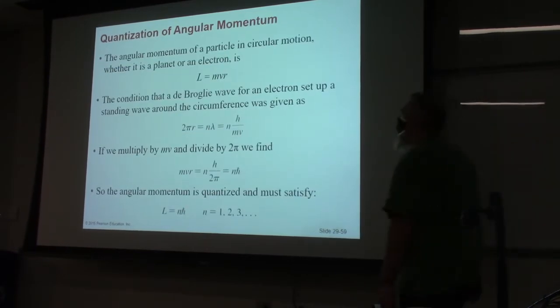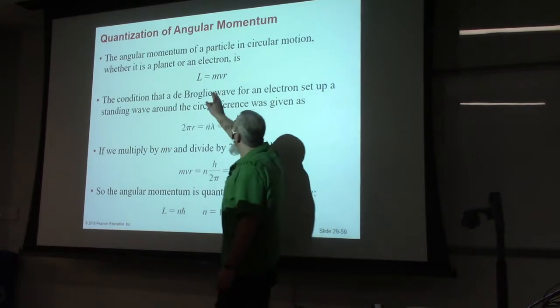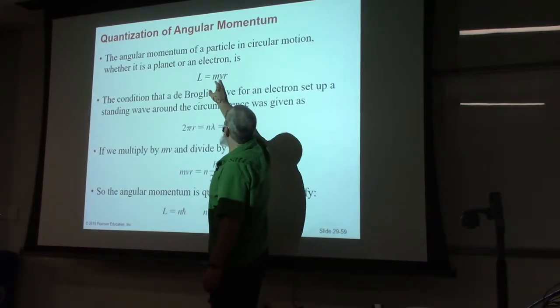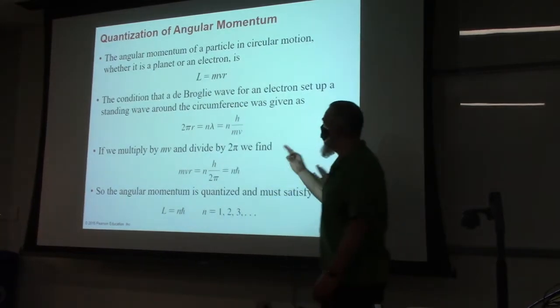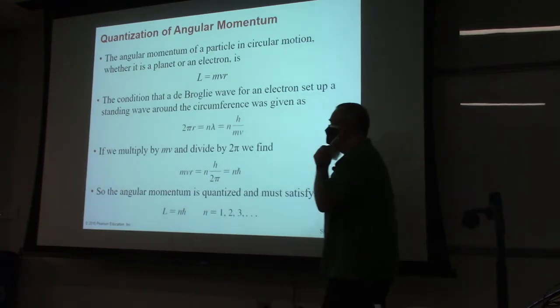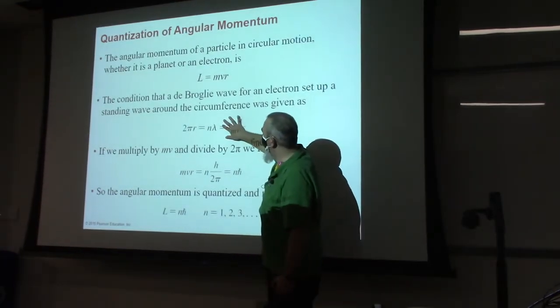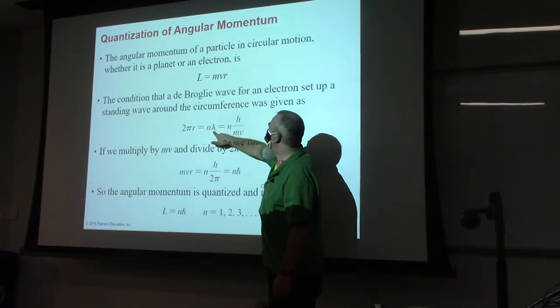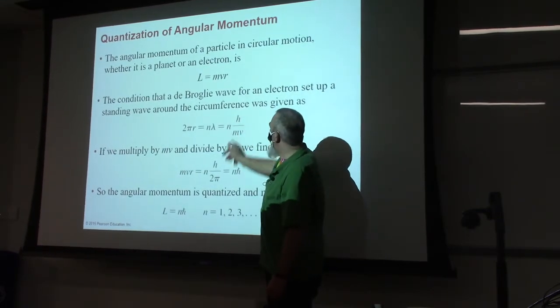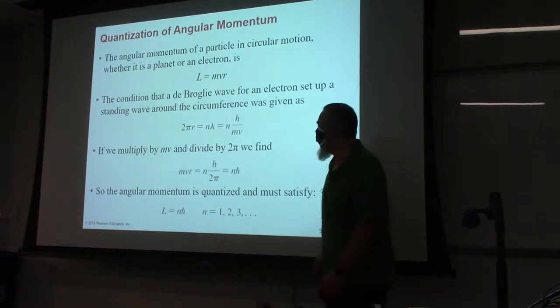You could also only have certain angular momentum numbers. So angular momentum is mvr, if you think about a particle going around in a circle. Same thing that we had before. This is what you saw before. 2 pi r is n times the wavelength. h over mv is the wavelength.